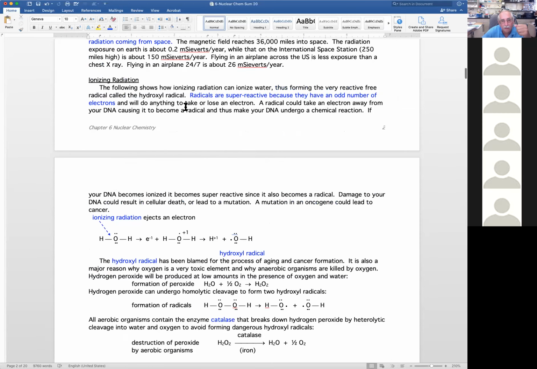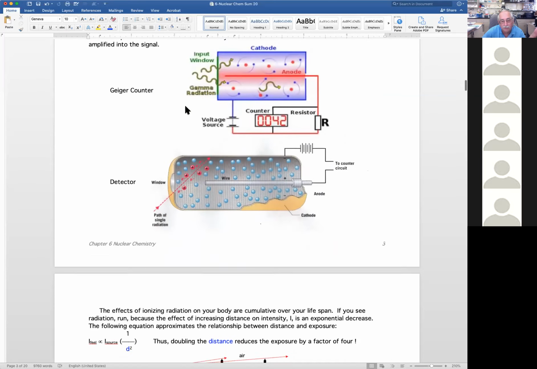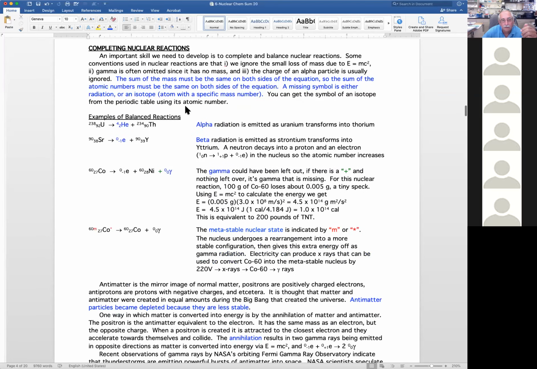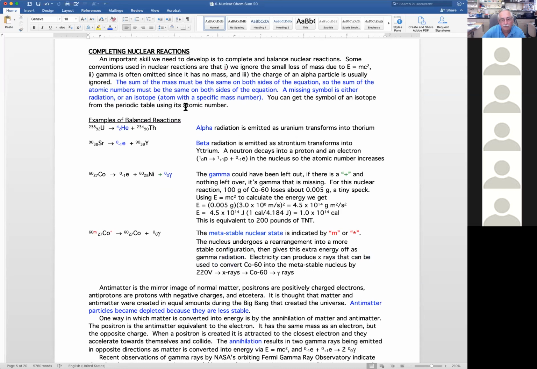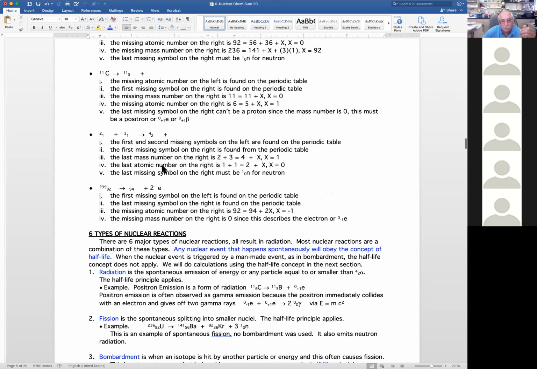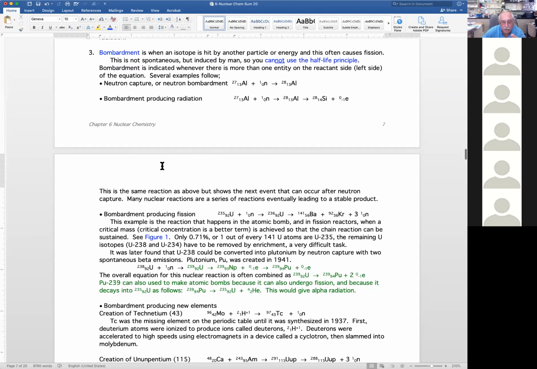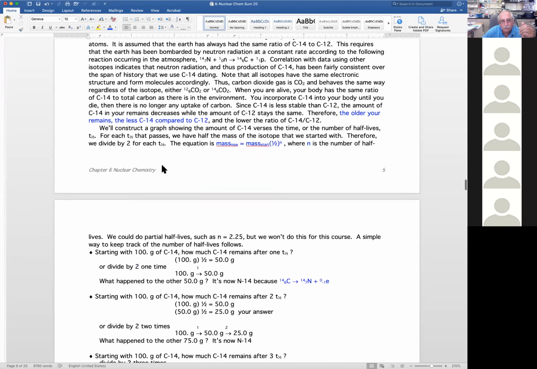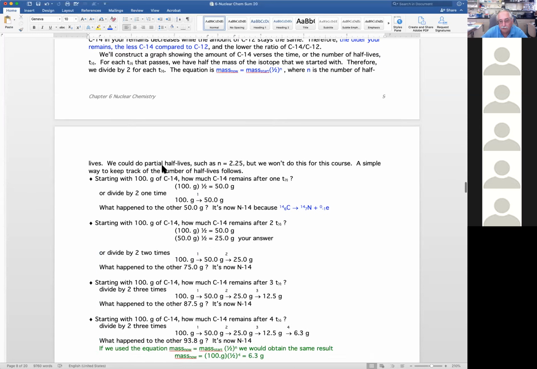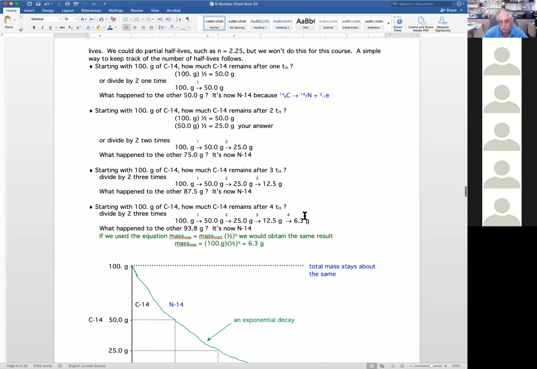Ionizing radiation, how it gets measured and how it causes damage. Then using your periodic table to complete missing things in nuclear reactions. Then categorizing them. And the last skill is half-life calculations, which I've tried to make extremely simple using this methodology here.